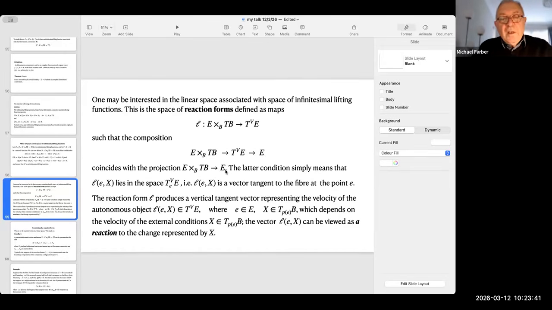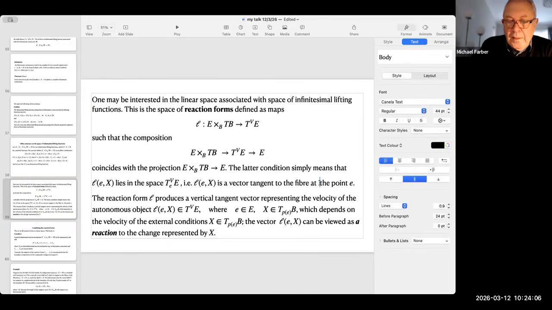So it means that if you have a tangent vector on the base, this reaction form moves you in the fiber, it reacts inside the fiber. It gives a vector tangent to the fiber at this point, E. Okay.